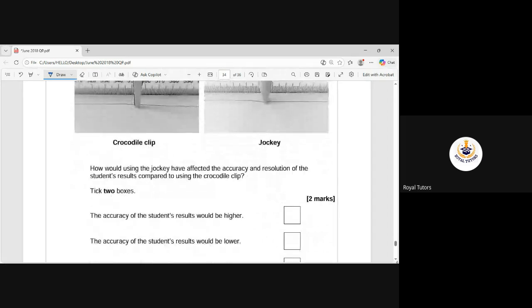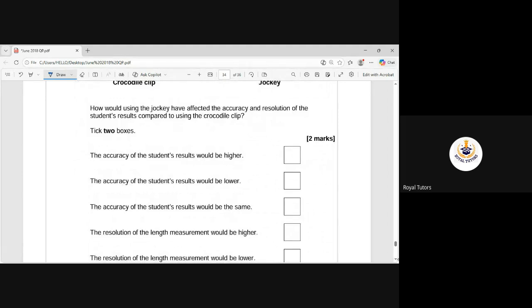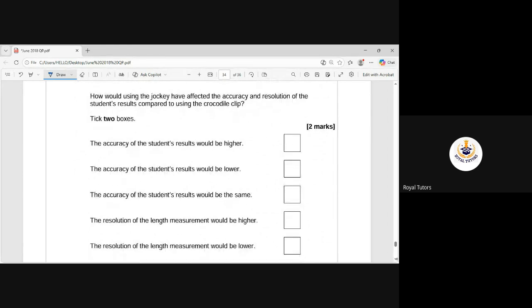How would using the jockey have affected the accuracy and resolution of the student's result when compared to using the crocodile clip? Number one, the accuracy of the student's result will be higher. And secondly, the resolution of the length measurement will also be higher.